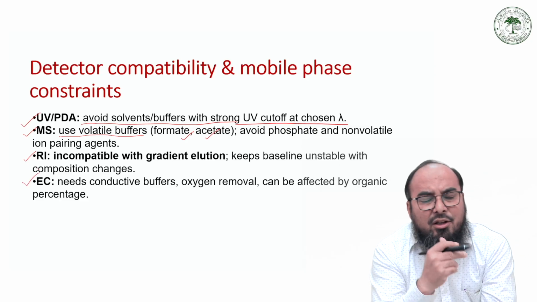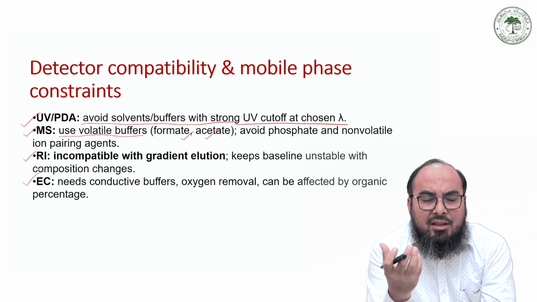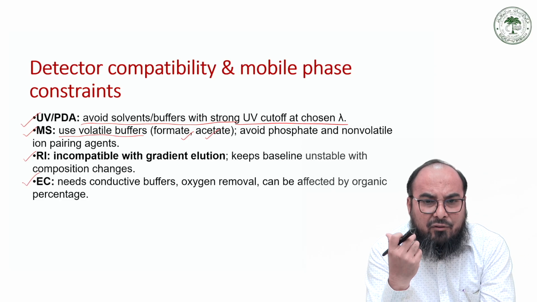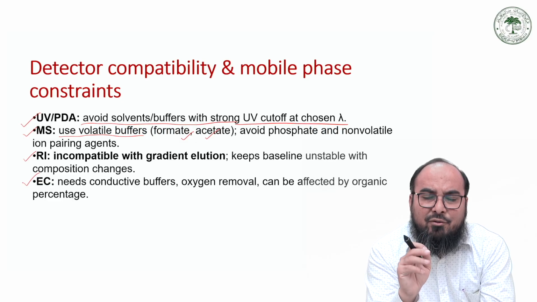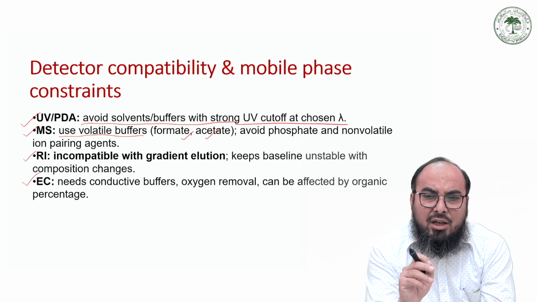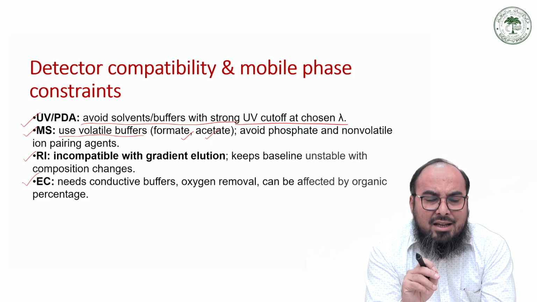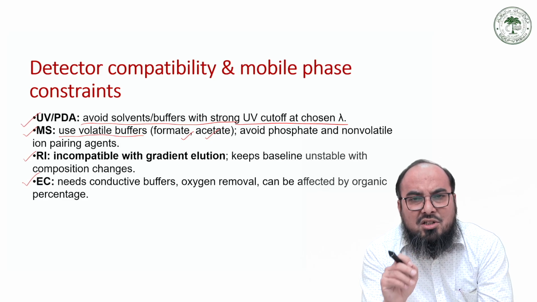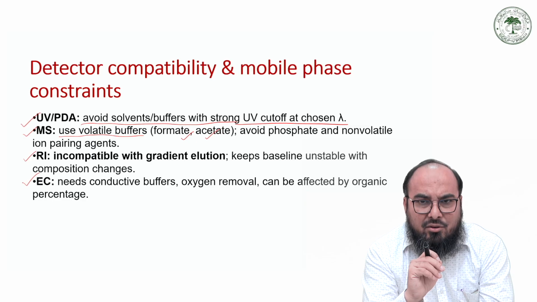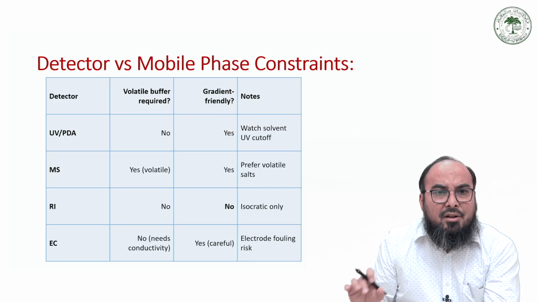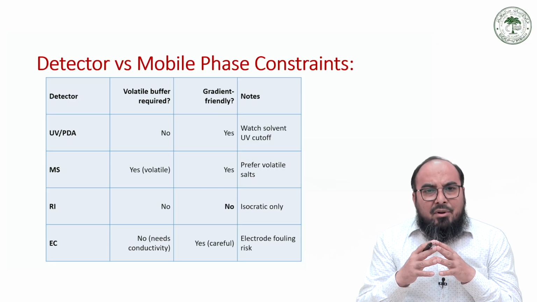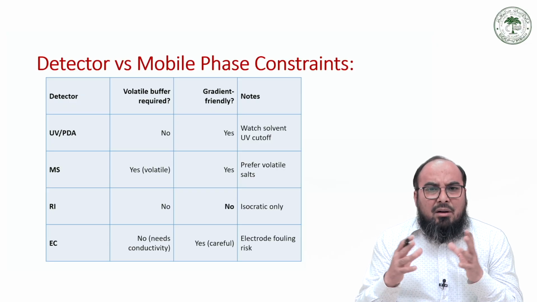Similarly, if you are using the EC detector, then you need conductive buffers, and you have to remove the oxygen by purging. Otherwise, the oxygen may have an effect, or it will change the conductivity a little bit.